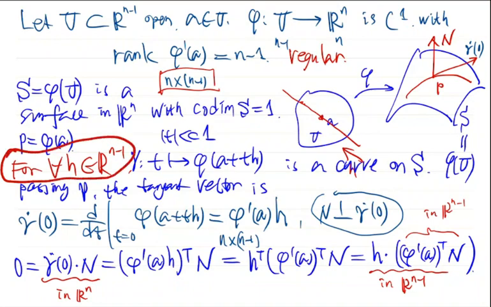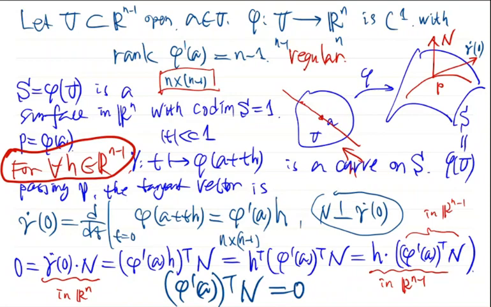Therefore, h is arbitrary. So this can only happen if the vector taking inner product with h must be 0. By the arbitrariness of h, we see that phi point a transpose then N should be 0.